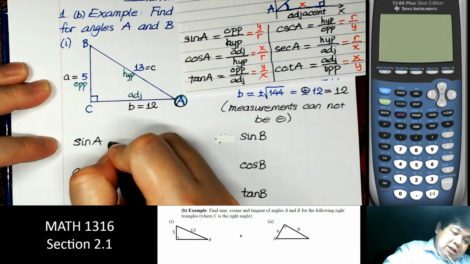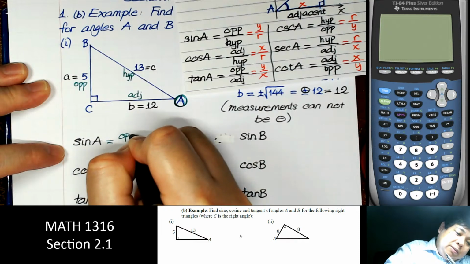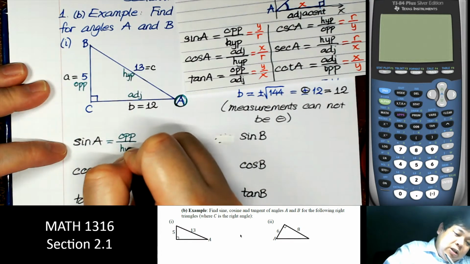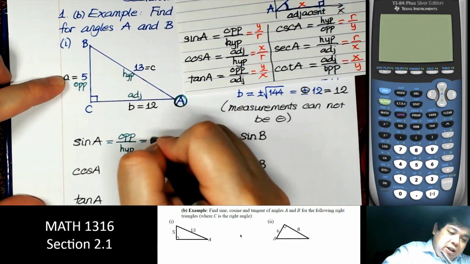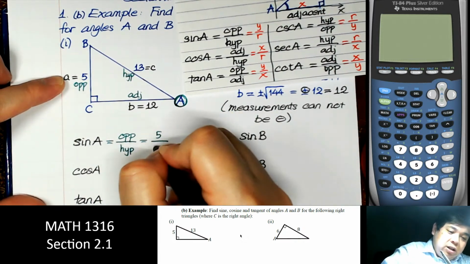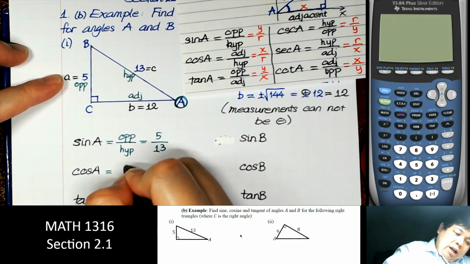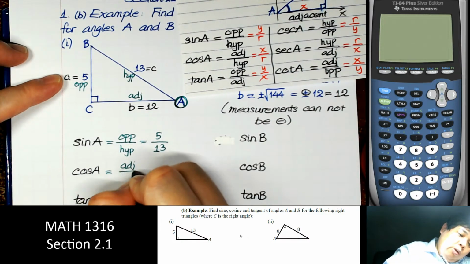Sine is opposite over hypotenuse. Opposite is 5, hypotenuse 13. Cosine is adjacent over hypotenuse.